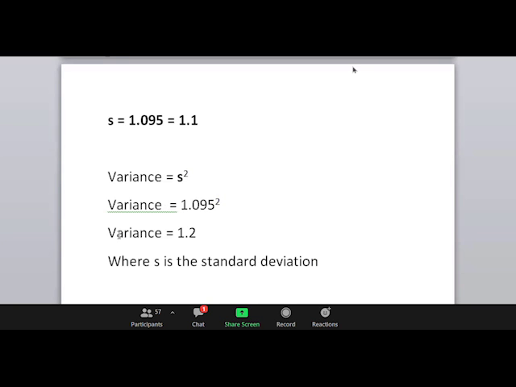All of us, are we on the same page? Is that okay? Yes, it's correct, 1.2.